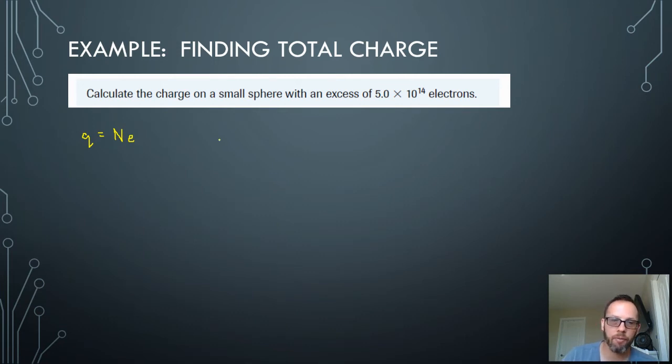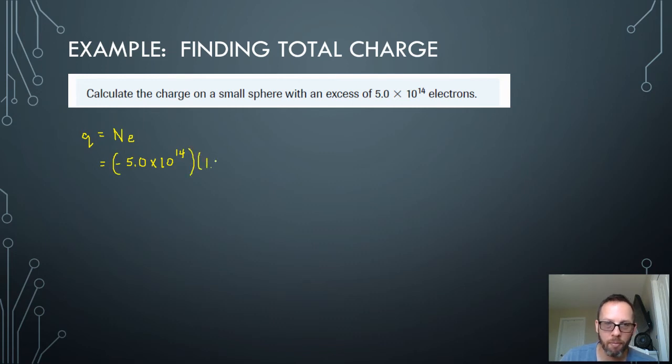Now I'll ask you, if we have an excess of electrons, is our charge going to be positive or negative? And because we have extra electrons, more electrons than protons, it will be negative. So I'm going to plug in negative 5.0 times 10 to the 14.